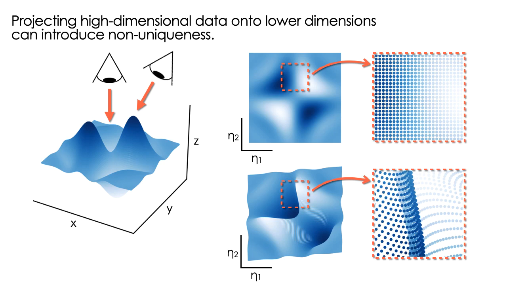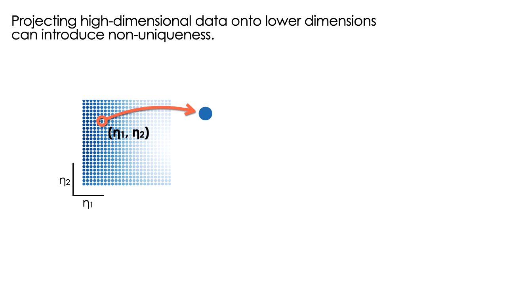So you can see that there's this overlap of observations that happened on that projection. And that overlap can be problematic in, for instance, building some regression models on top of such a projection. So if we now try to build a model that, given some set of parameters eta 1, eta 2, would predict some dependent variable, then it might not have problems predicting it on that unique projection.